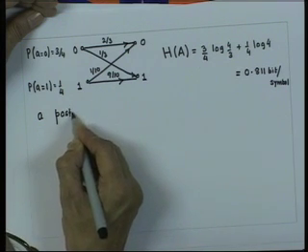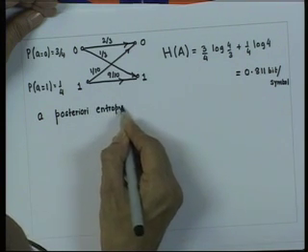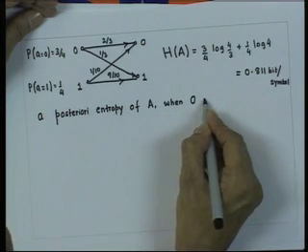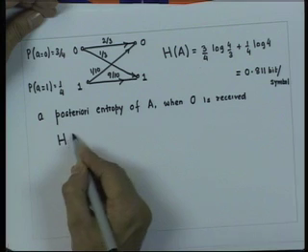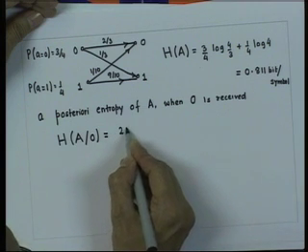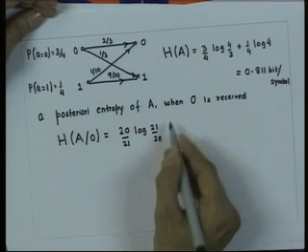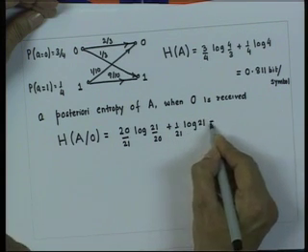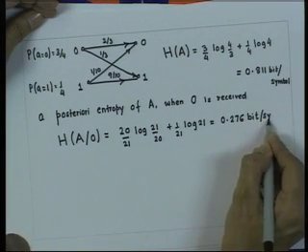So, a posteriori entropy of A when 0 is received is given by this expression. This is equal to 0.276 bit per symbol.